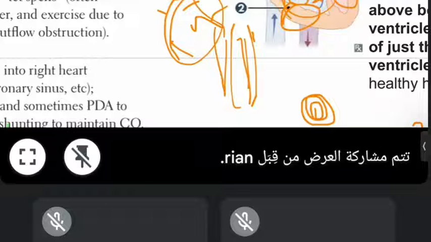This more volume will push this deoxygenated blood, the blood with less oxygen, from the right ventricle to the left ventricle through the ventricular septal defect, the defect between the two ventricles.